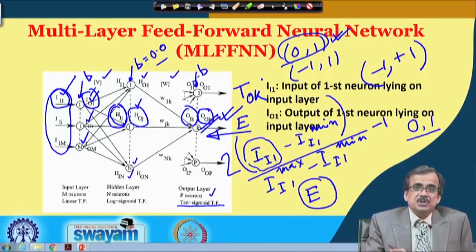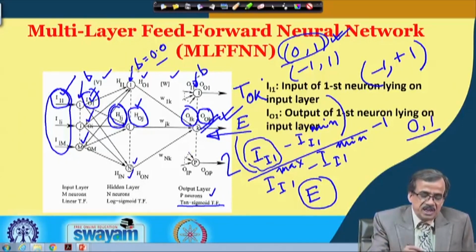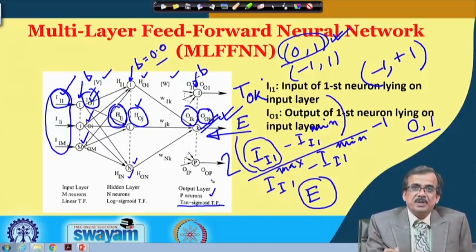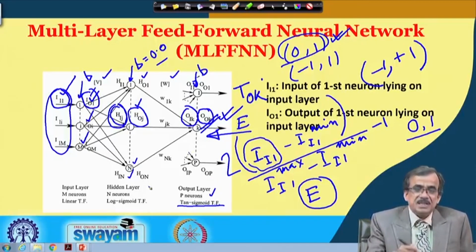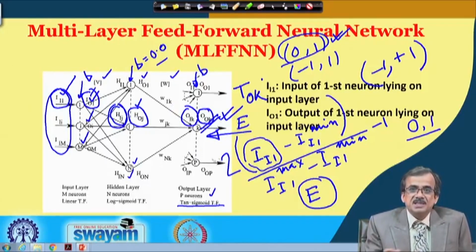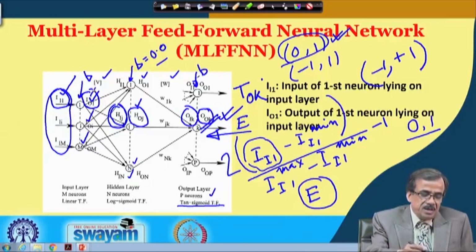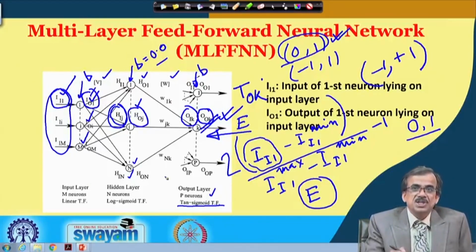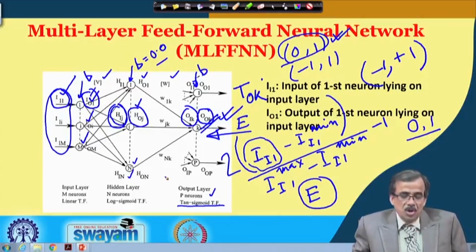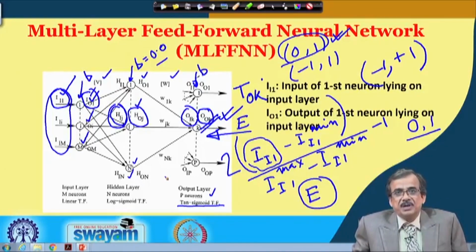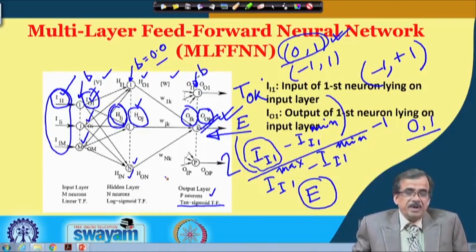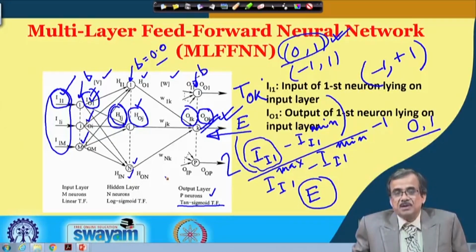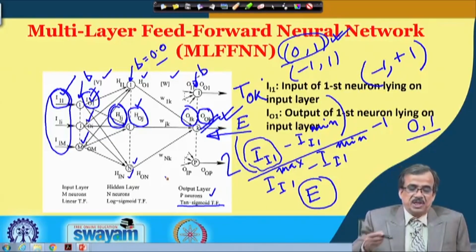It also depends on the topology or the architecture of the network, which we represent by how many layers there are and how many neurons are present in each layer. So, the performance depends not only on the architecture or topology, but also on the connecting weights, the coefficient of the transfer function, and all such things.